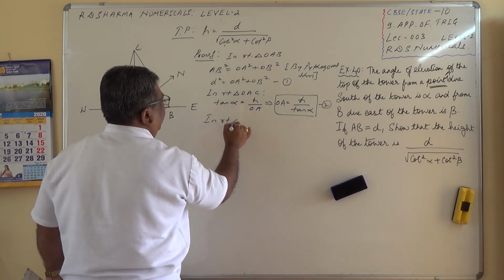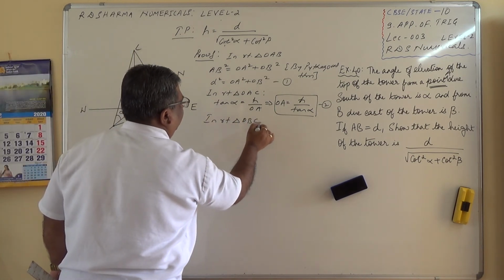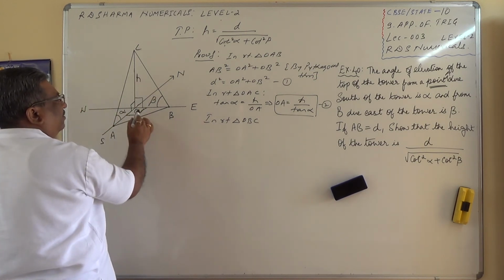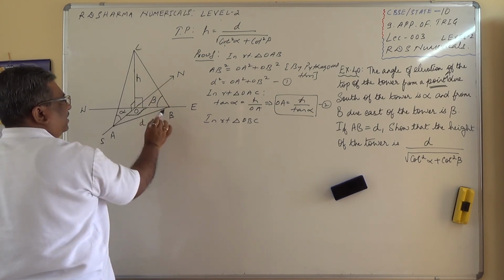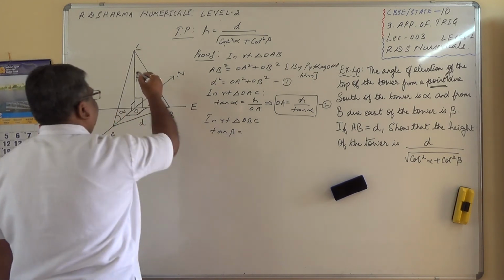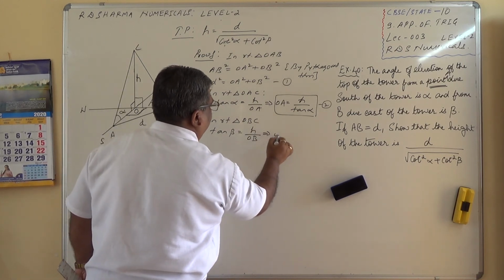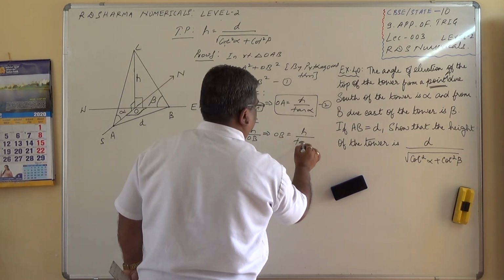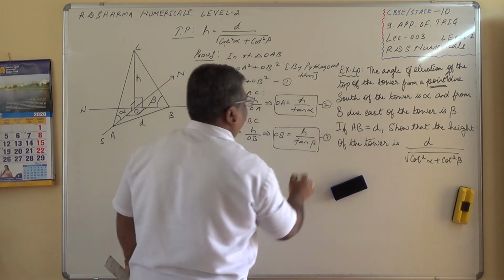Similarly, in right triangle OBC, right angle at O, h and OB, can you find out the relation? H divided by OB, opposite by adjacent side gives tan beta. Tan beta equals h divided by OB. Implies OB equals h divided by tan beta, and mark this as 3 here.